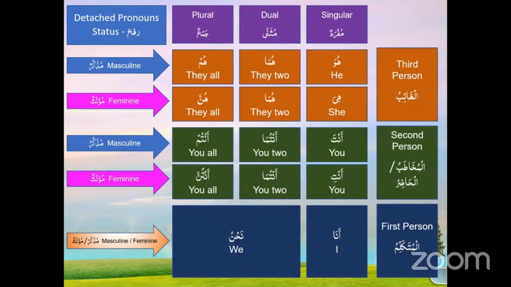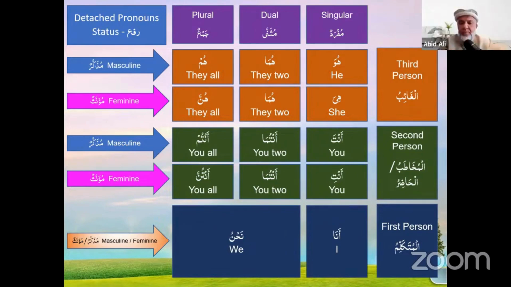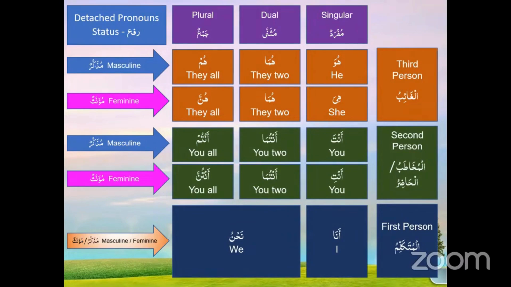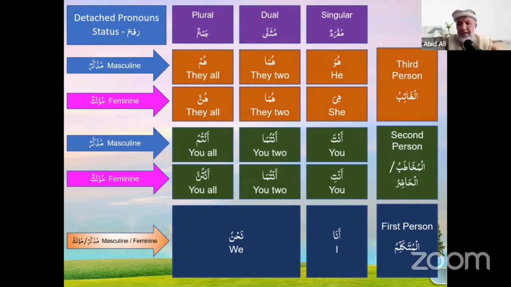And what is one piece of information we said we are going to put in our brain? That a fail is always rafa. Okay. So if I tell you to make a printout of this chart and put it somewhere right next to you whenever you're dealing with the verbs next time, do you need to worry about which pronouns are of rafa category?